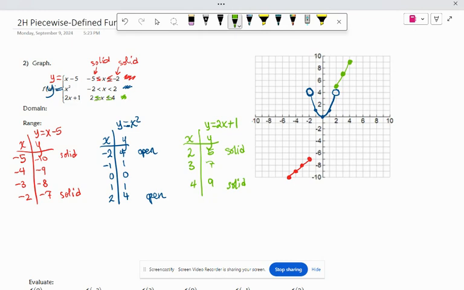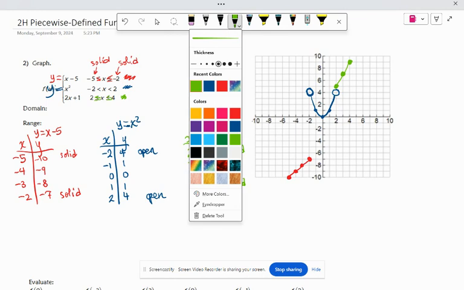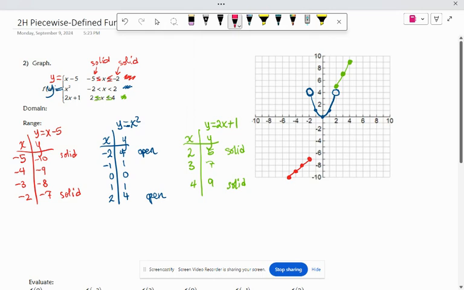But now the domain and range are going to be a little bit different. So for domain and range, remember I'm going to look at left to right and low to high. So for domain, I start at -5 and I have a filled in dot, and then I go to -2, and then I have an open dot at -2 that goes left to right to +2, but then I have a filled in dot at +2 that goes to a filled in dot at 4.